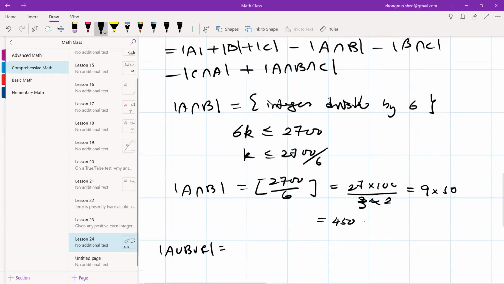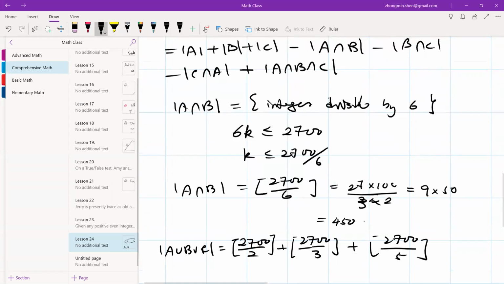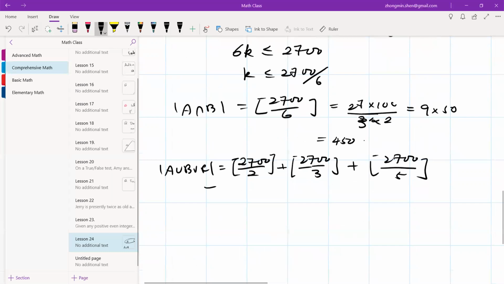So using this idea, then we can have 2,700 divided by 2, the integer part, divided by 3, and 2,700 divided by 5. Okay? Then minus divided by 6, and B and C is 15.